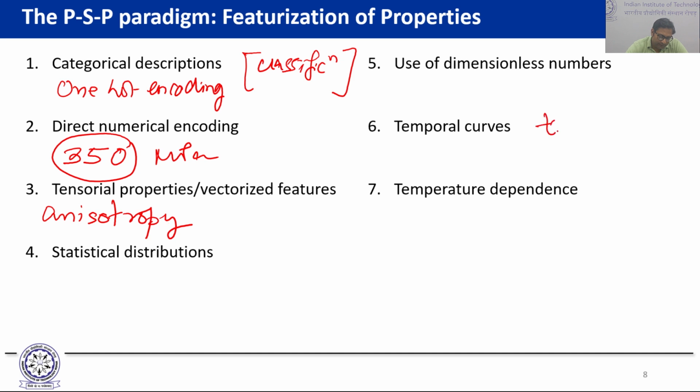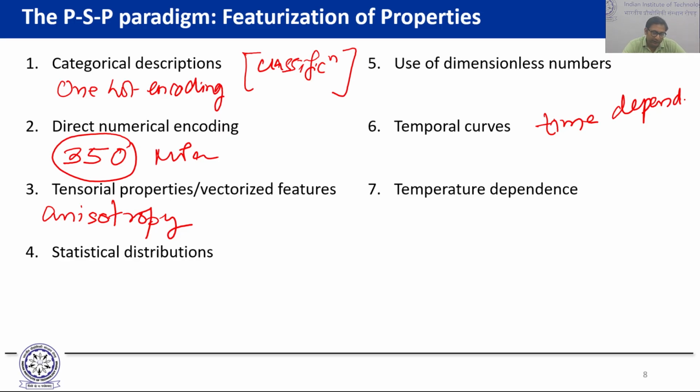So basically any property which is going to be time dependent. So for instance, when you are looking at a corrosion problem, you might be having an increase in the amount of corrosion product that is forming as a function of time, and the same thing can also happen as a function of temperature. So you could have time dependent properties, temperature dependent properties or pressure dependent properties.